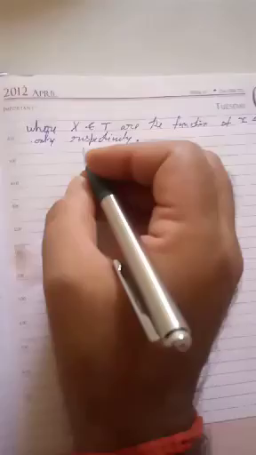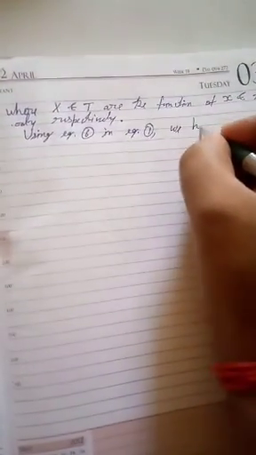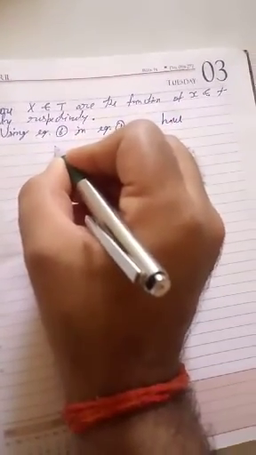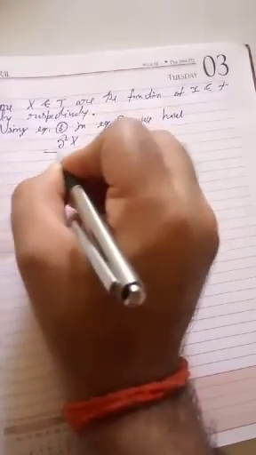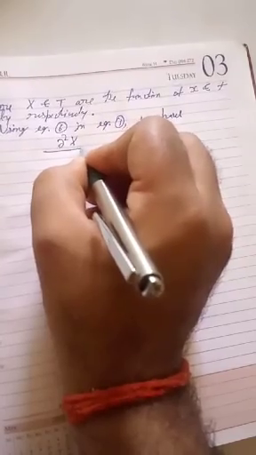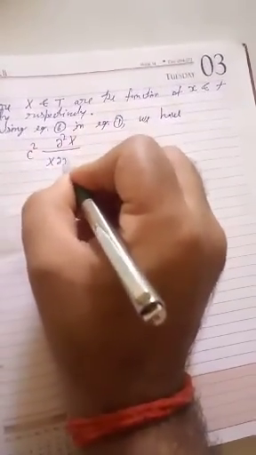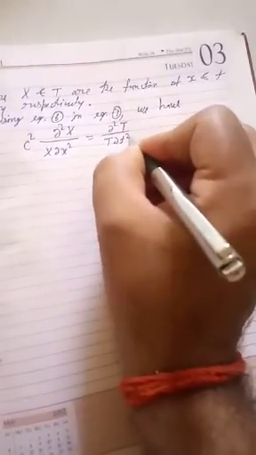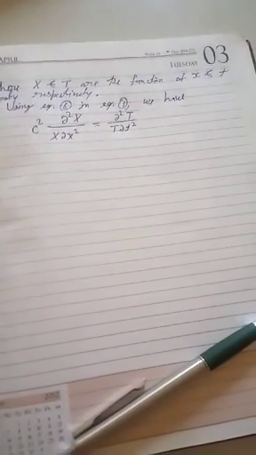So using equation 6 in equation 1 we have del 2 X over del x square times c square is equal to del 2 T over del t square, with X and T. Using 6 in equation 1 we have this, and in this equation we have to use separation of variables.